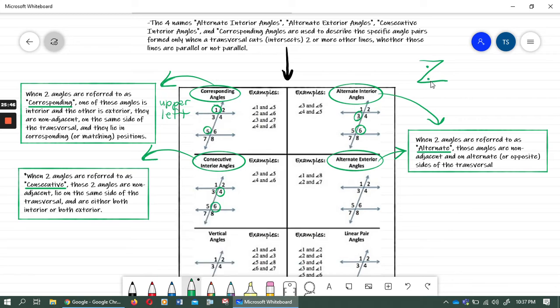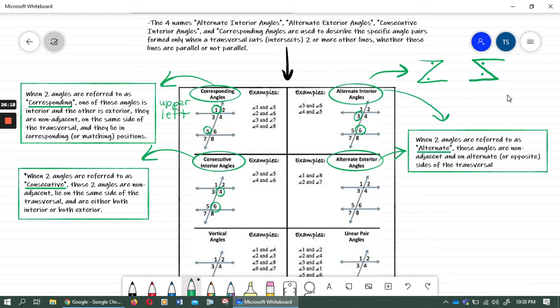It would be like angles like this one and this one here, and hopefully you know what I'm talking about there. We got to get rid of that. So if you were to make a little Z shape facing either way, like that or like this, it would be those angles like that, as alternate interior angles. Okay?